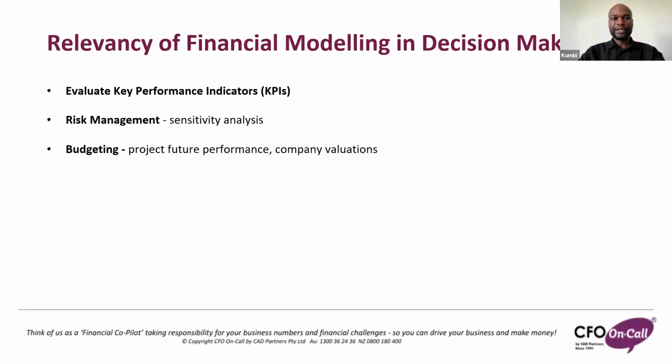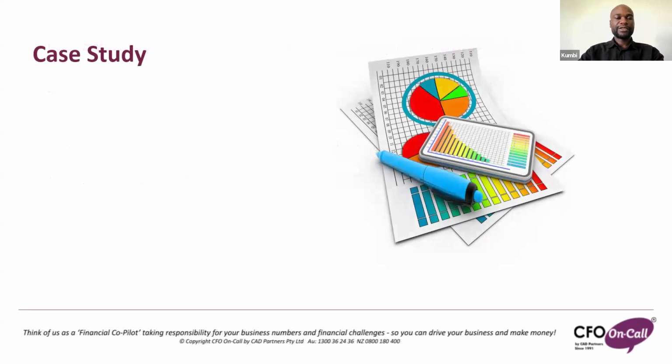We can use financial modeling for that. And we also use it for company valuations, where we do business valuations using the financial statements. Financial modeling can be very effective for decision making when you are doing project management, so cost estimates and projecting profits for a specific project over the timeline of the project.